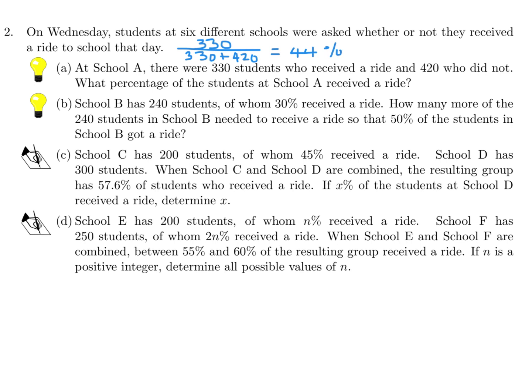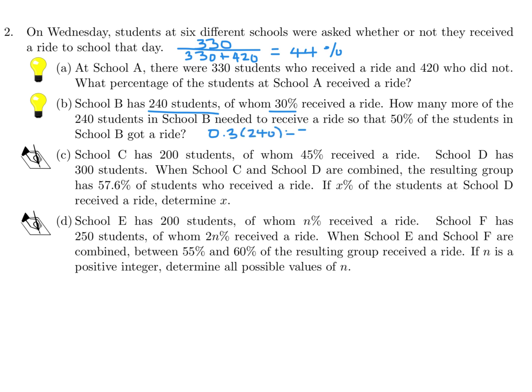Part B, school B has 240 students, of whom 30% received a ride. How many more of the 240 students in school B needed to receive a ride so that 50% of the students got a ride? Okay, so 50% of the students in school B. Now first let's figure out, of all the students, how many received a ride. So it's 30% of 240, right?